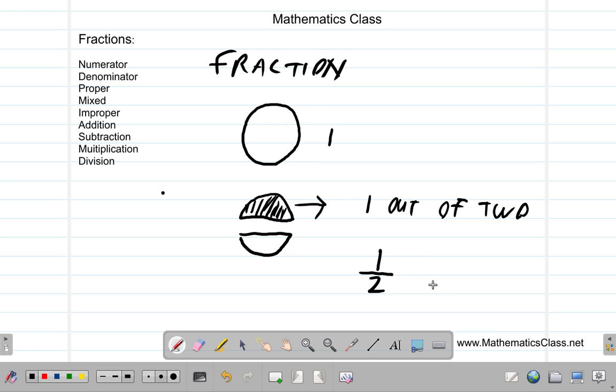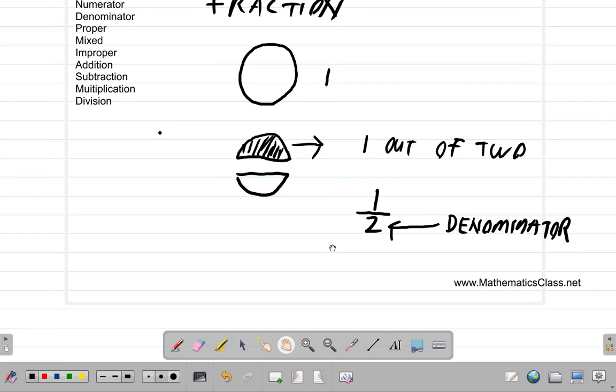Now, the 2 is called the denominator. That is the 2. The denominator tells us how many equal parts. What I will do is type it.